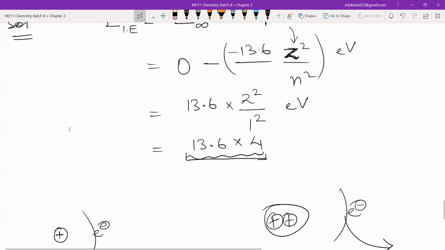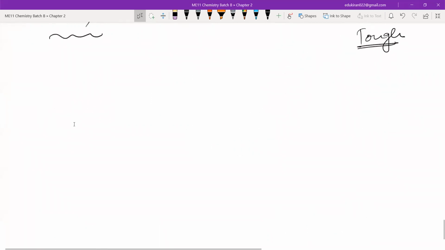Now, in a similar way, what we can find is the difference in energy of different levels of hydrogen. We can find out the energy differences in different levels of hydrogen. So please write the next question.